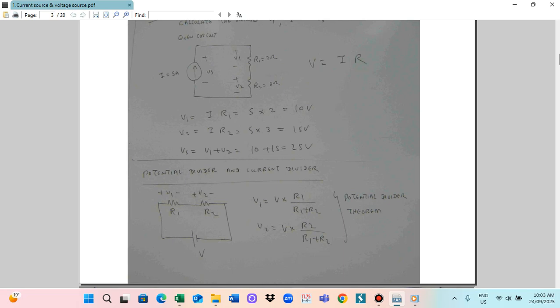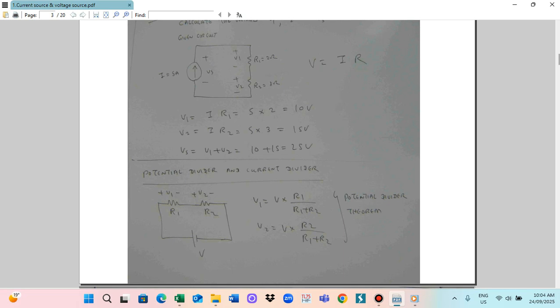Now we use the potential divider and the current divider. This means two resistors connected across the supply: resistor R1 and resistor R2, with supply voltage V. The voltage across resistor R1 is V1, and across resistor R2 is V2.